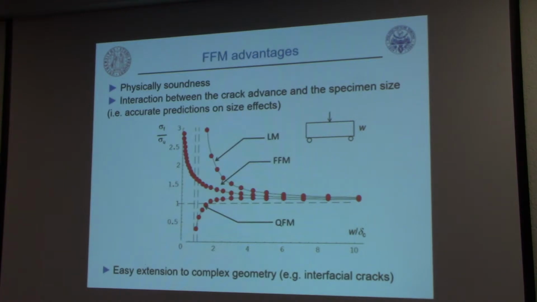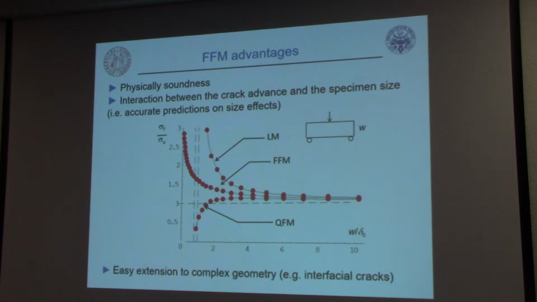Of course, stress-based approaches or energy-based approaches are easier to implement, since there is just one single equation instead of two. On the contrary, the advantages of finite fracture mechanics are related to its physical soundness. I mean, there are scientists who trust the stresses. There are scientists who trust energy.